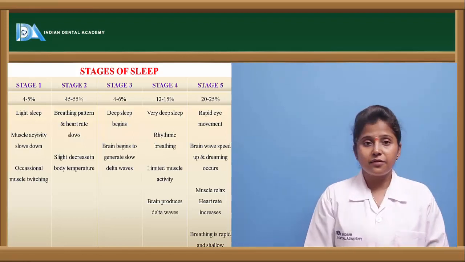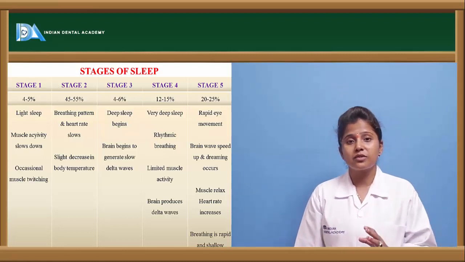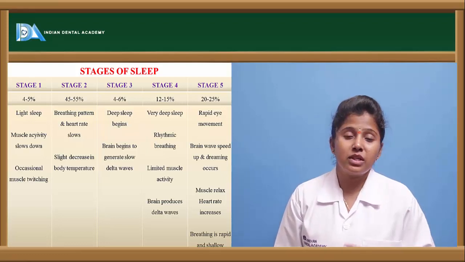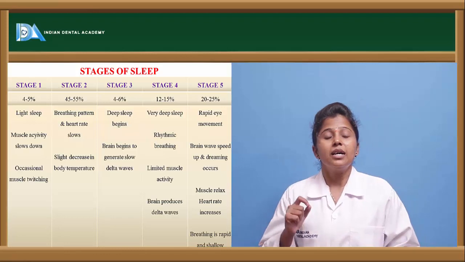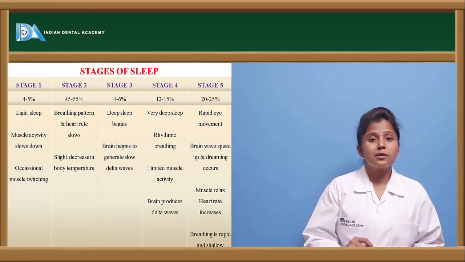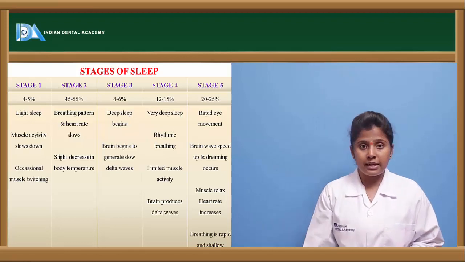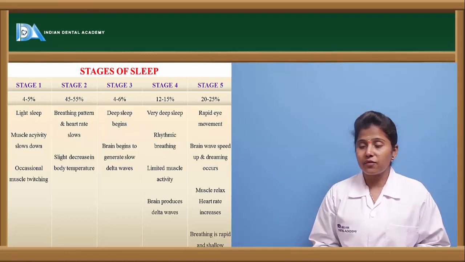Stage 5 is also called rapid eye movement sleep. Stages 1 to 4 are non-rapid eye movement sleep. In non-rapid eye movement sleep there is little or no movement of the eyes, but in rapid eye movement sleep there is excessive movement of the eyes.